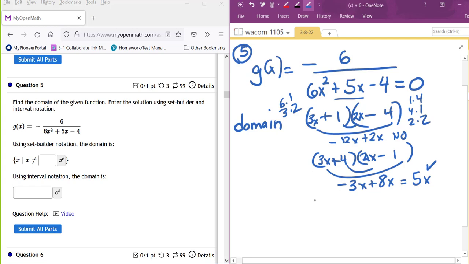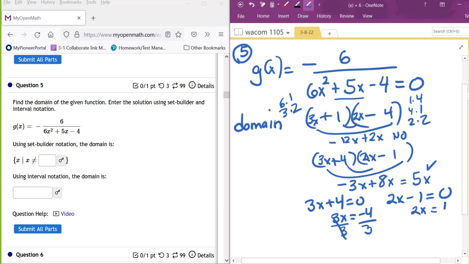Now you want to see when is this 0. So when is 3x plus 4 0? And when is 2x minus 1 0? So you're going to subtract your 4. These are 2 steps. And divide by 3. So negative 4/3 is a bad value. Add your 1. So 2x equals 1.